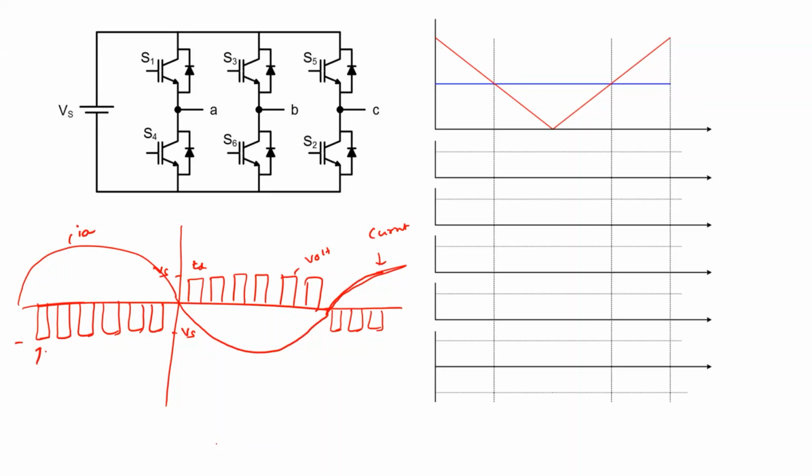This is the voltage lost here, and this is the voltage gain here. If we make an average of these pulses, all are having the width TD and magnitude Vs, and it is happening for every carrier cycle.